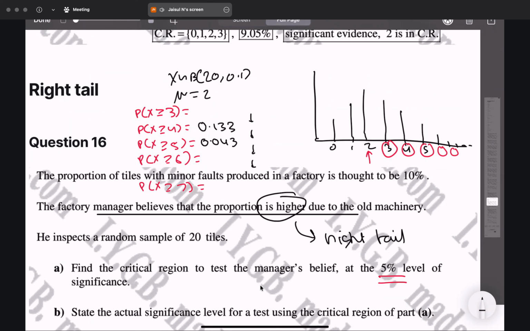So if I told you roughly 2 tiles, but you got 3, that wouldn't be weird, right? If I told you 2, but you found 4, would that be weird? Not that weird. And what if I told you there's going to be 2, but 10 of them had a fault? Yeah, you'd say I was wrong.